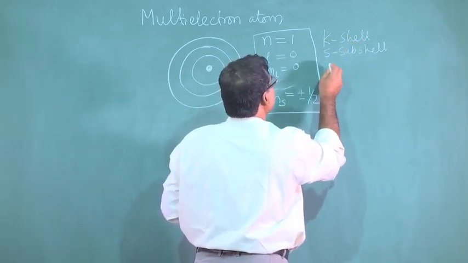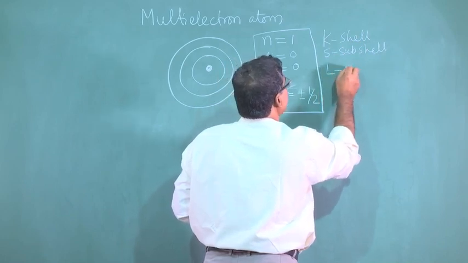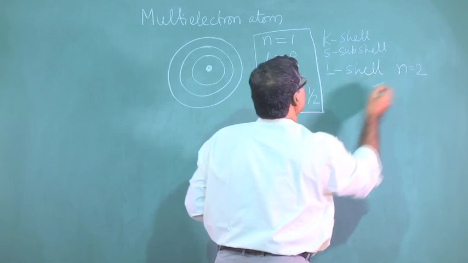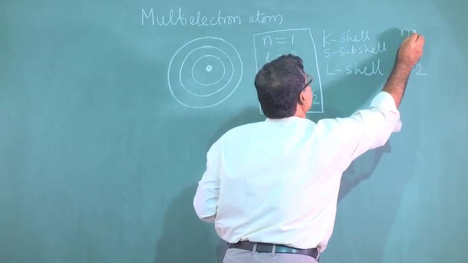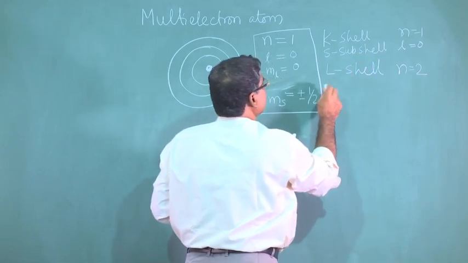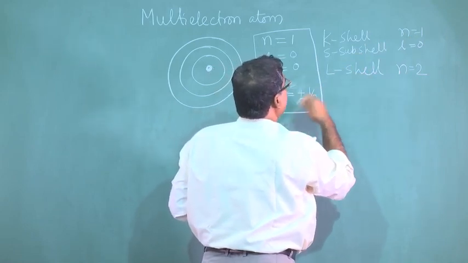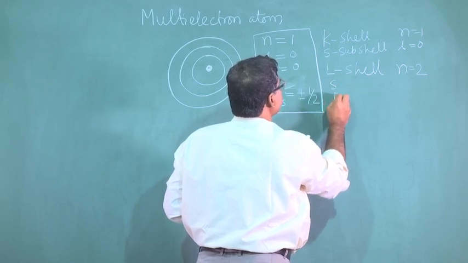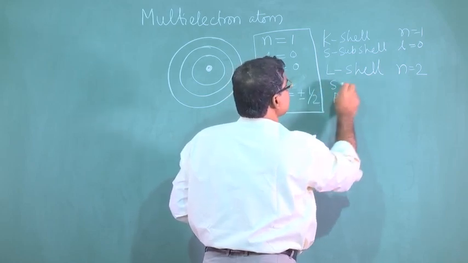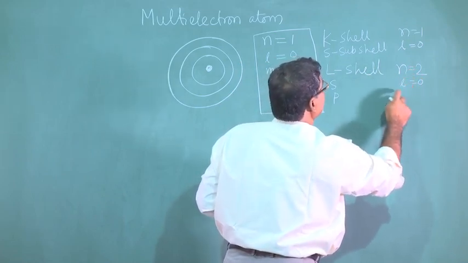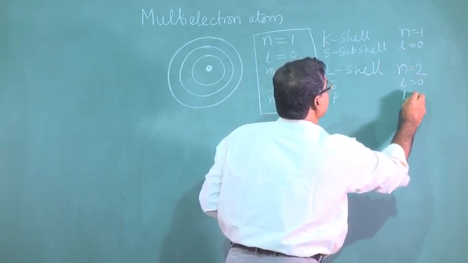Now, n equal to 1 is the K shell, with L equal to 0. n equal to 2 is the L shell, and under the L shell there are subshells S and P, corresponding to L equal to 0 and L equal to 1.